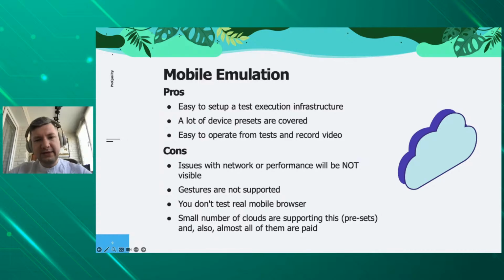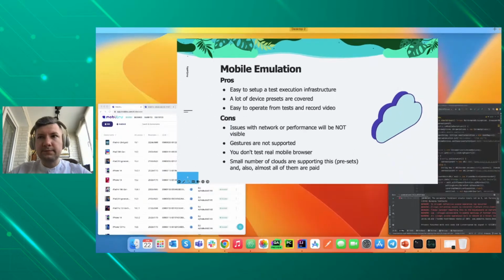And it will be difficult to argue that, oh, we checked it. Because in fact, if you use this way, you executed your tests only in Chrome, not even in some mobile browser like Safari. But anyway, let me show an example.